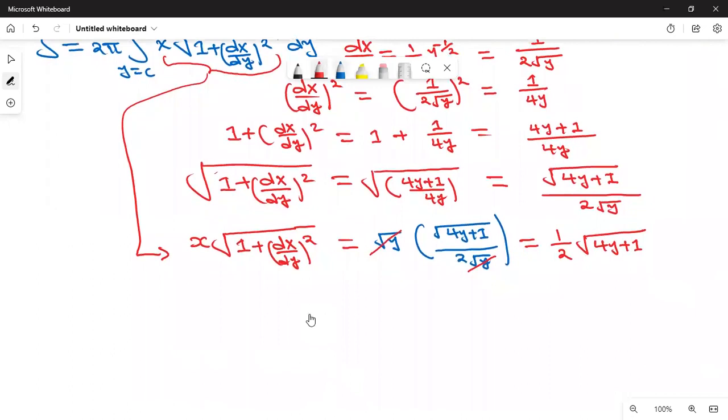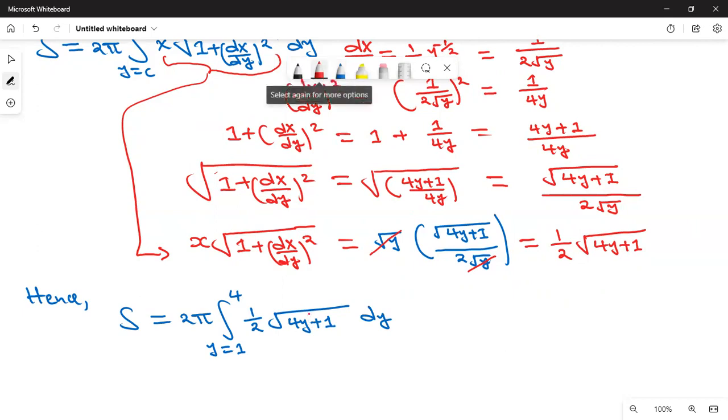So you can just say here that hence that surface area is now equal to 2 pi, the integral from y equals 1 to 4 of 1 over 2 times the square root of 4y plus 1 dy.